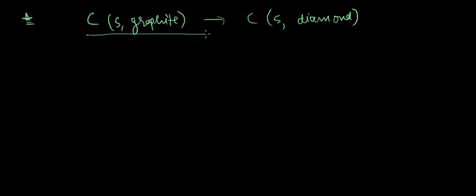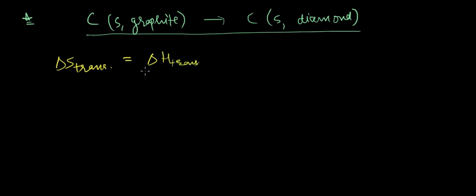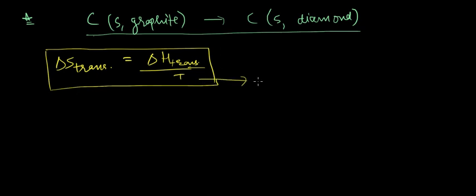So here we have delta S transition would be equal to delta H transition upon temperature. Temperature is the transition temperature.